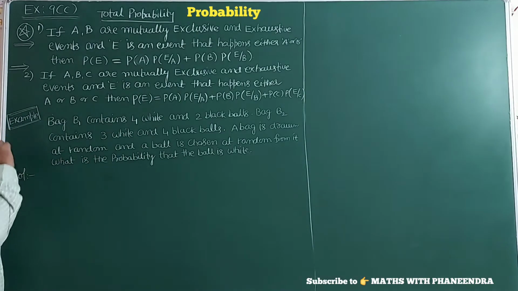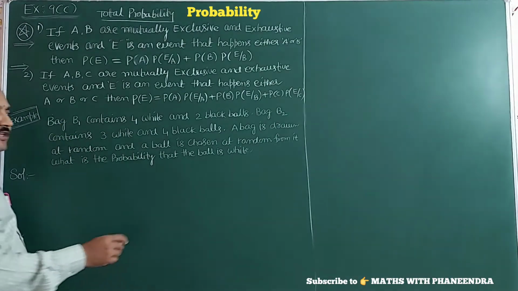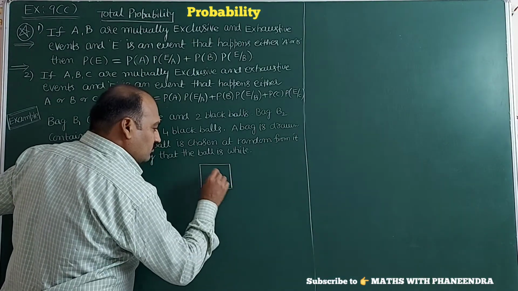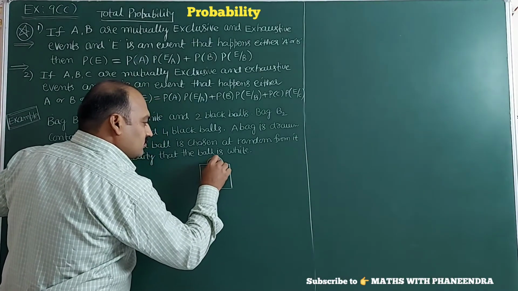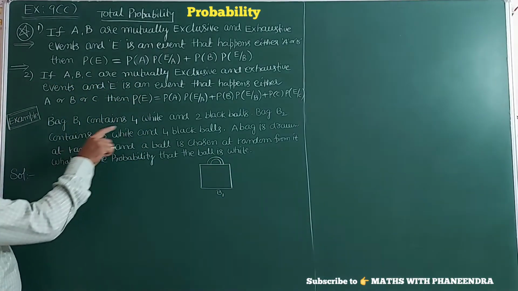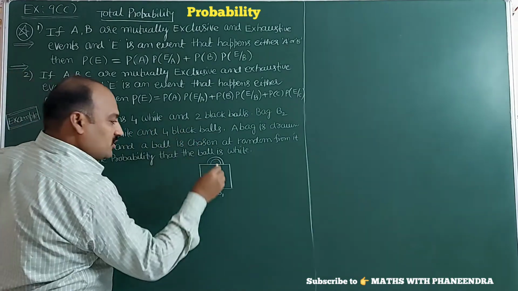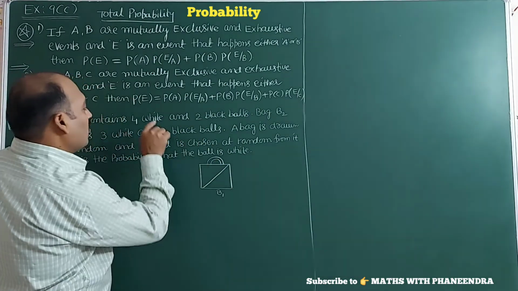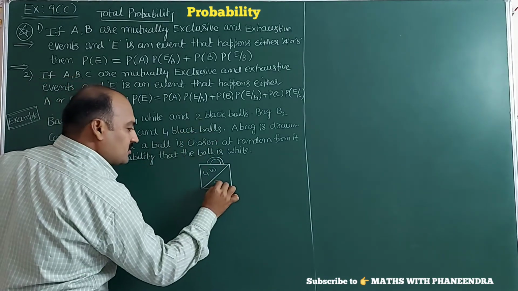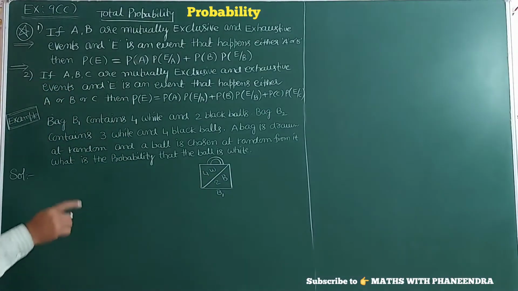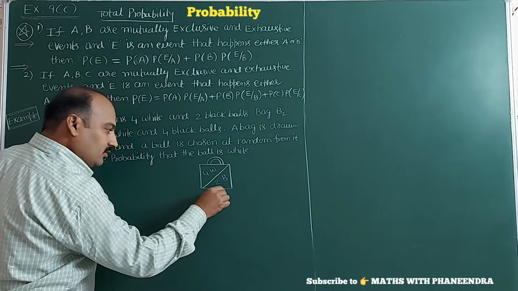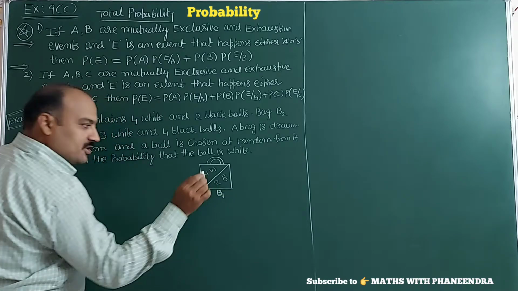For example, bag 1 contains 4 white and 2 black balls. 4 white balls are there, 2 black balls are there in bag 1. I hope you understand, dear students.